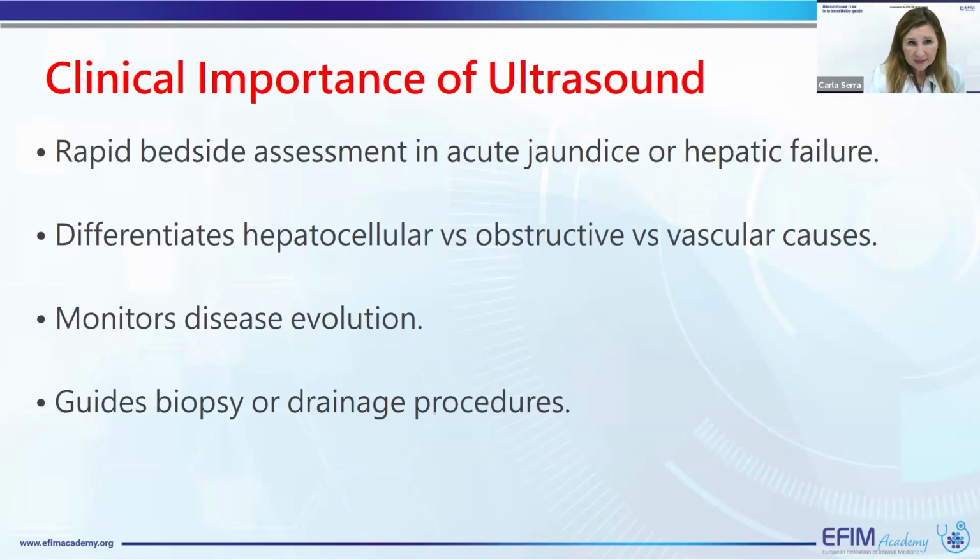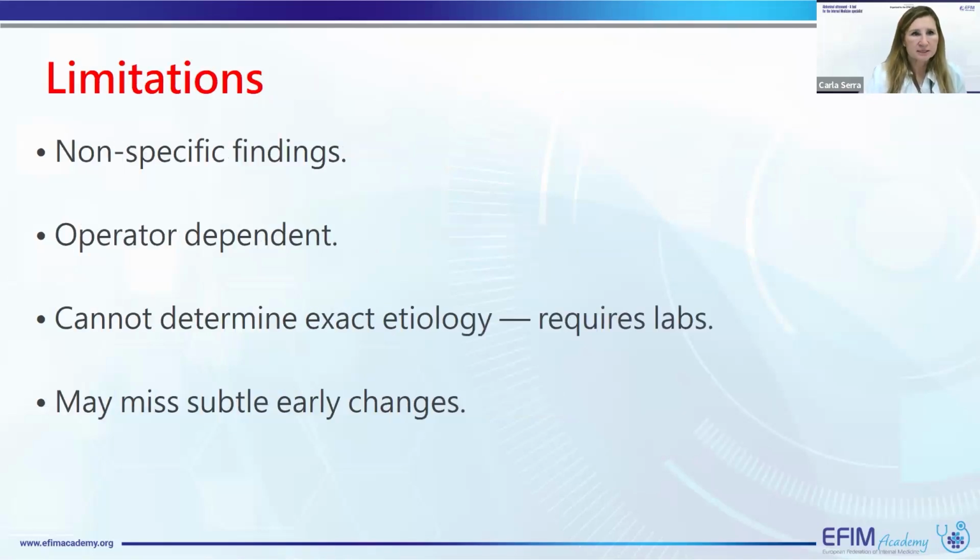So I think that for acute hepatic disease, ultrasound is so important, because you can do a rapid bedside assessment in all the cases of acute jaundice or hepatic failure. And so you can immediately differentiate between hepatocellular and obstructive or vascular causes, and the technique is also important to monitor disease evolution and to guide biopsy.